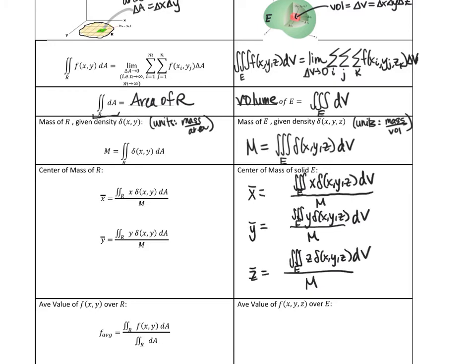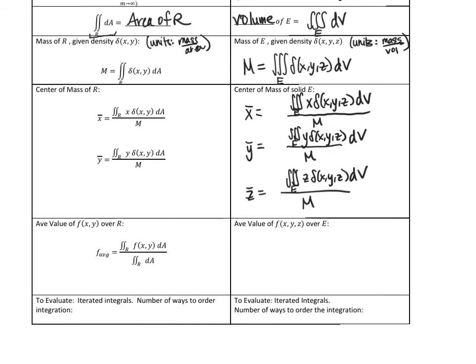And then lastly, we can look at analogies of average value. If I wanted, let's say, the average temperature over that whole green blob up above, I can find it now with the triple integral.